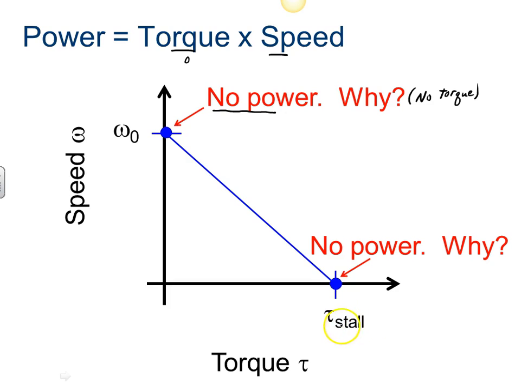Down here, when we're at the stall torque, then we would say there's no power and why. If we're at the stall torque, then omega equals 0 because we're at 0 on the y-axis as we come across to here. So end result is that we've got, again, something that's 0 times some other value. Torque may be fairly large, but omega is 0 at the stall torque, so no movement, no power.